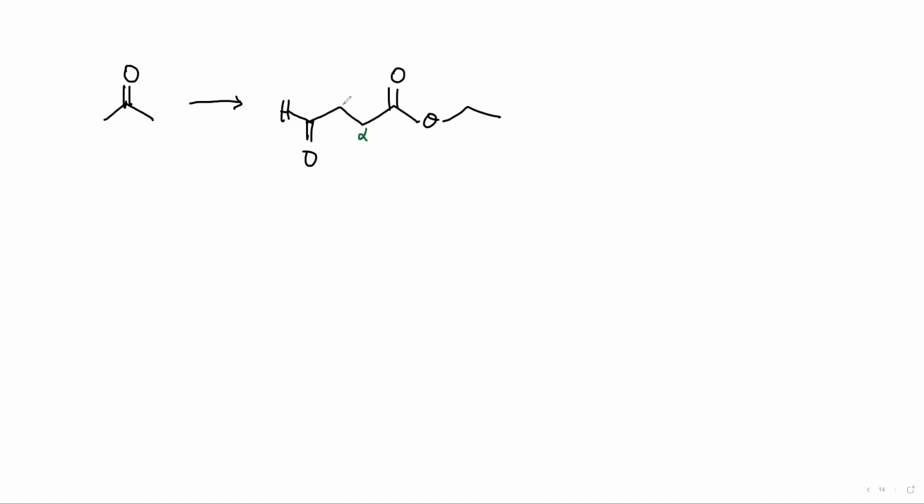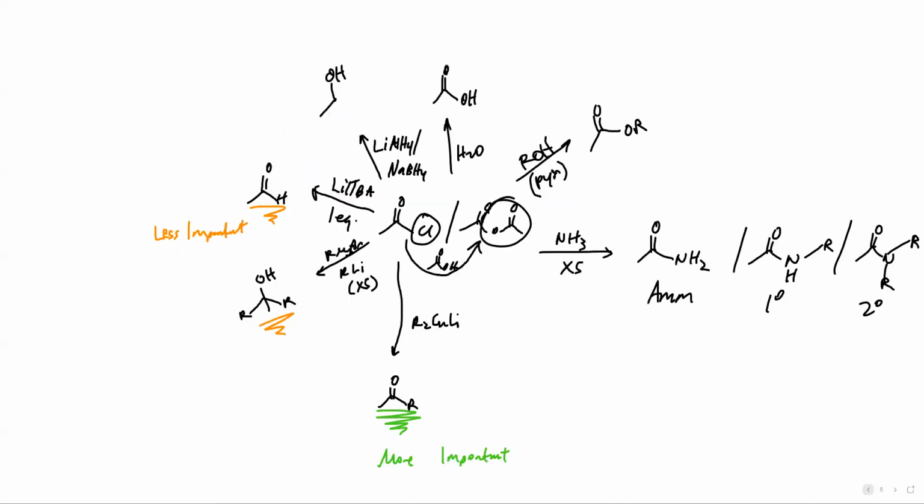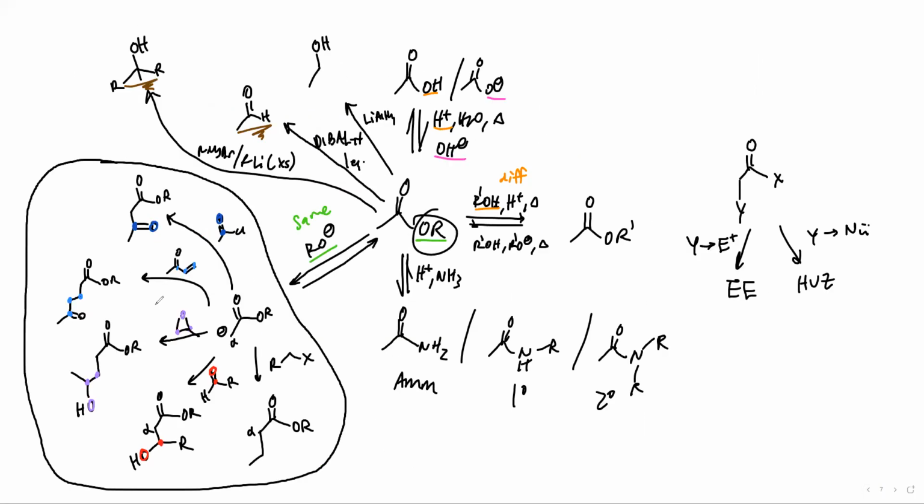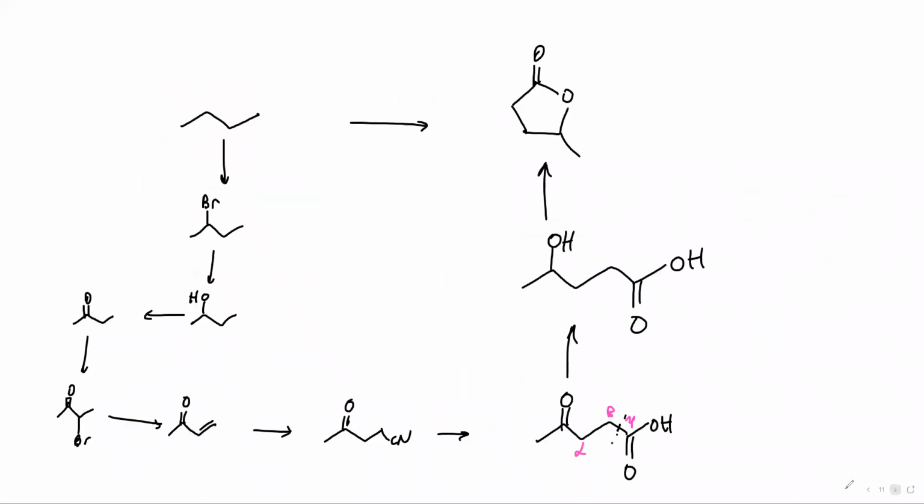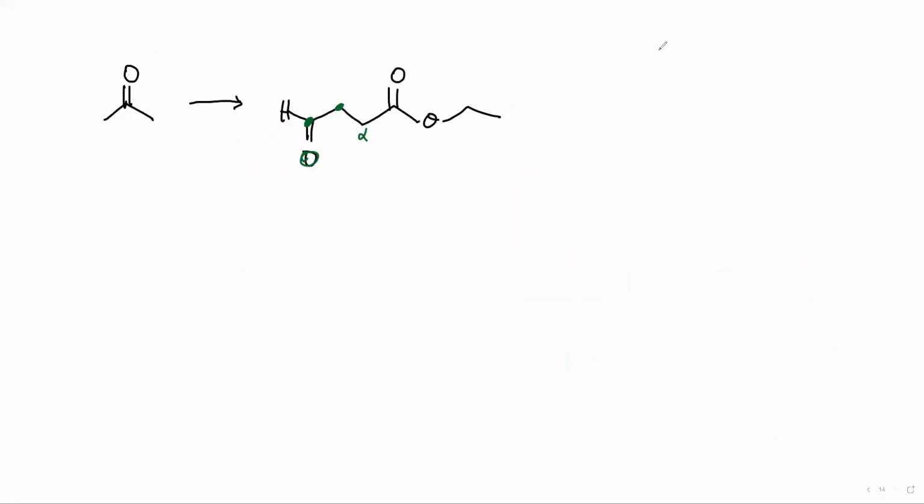This is the alpha carbon. Then we added 2 carbons and an oxygen. We go back here. What was the fragment that was 2 carbons and an oxygen? Who had 2 carbons and an oxygen? The answer is the epoxide. The epoxide had 2 carbons and an oxygen. So this aldehyde probably came from an epoxide.